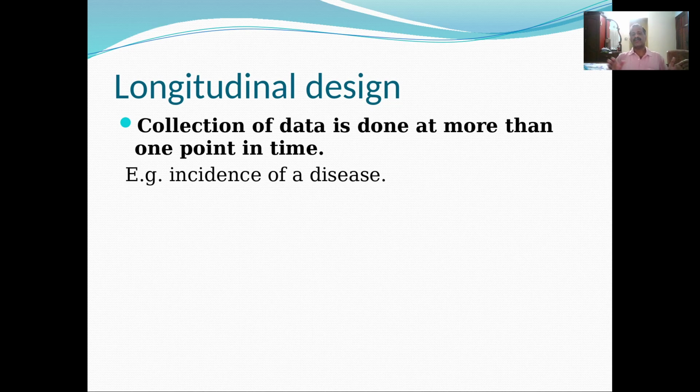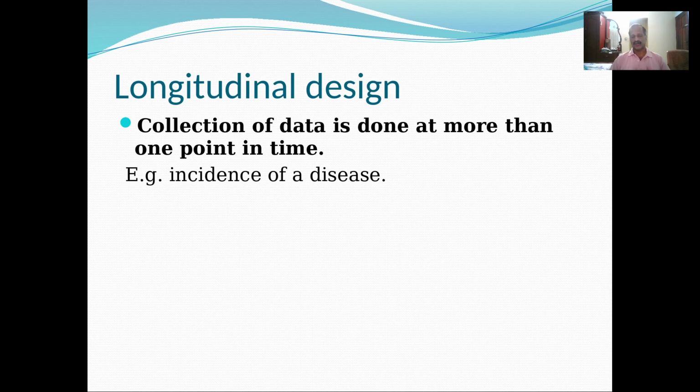The difference between 20 and 30 is 10. The total number of new cases is 10. So this is the incidence of a disease. And this is done in a longitudinal study because we are collecting the data at 2 points of time. The collection of data is done at more than 1 point of time. In the previous example, this is something like videography. Over a period of time, we are taking the photos. It is not at one point, it is a period. So this is the longitudinal design.